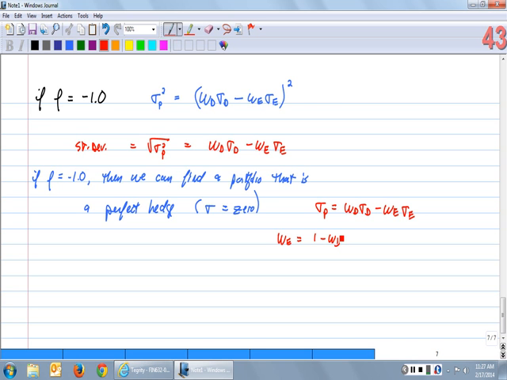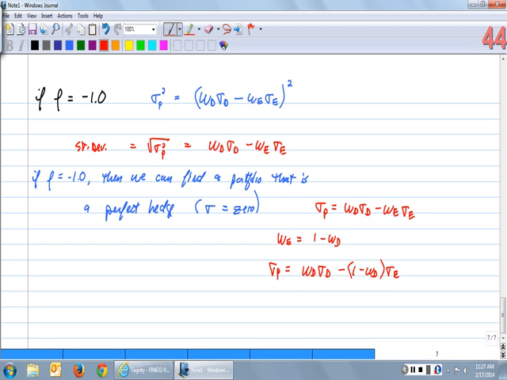So whatever we have in D, in this case, remember it was 70% in the previous example, the amount we have in E would be 1 minus 70%, right? So now we can rewrite this and say the standard deviation of the portfolio is WD times sigma D minus (1 minus WD), which represents WE, times sigma E.